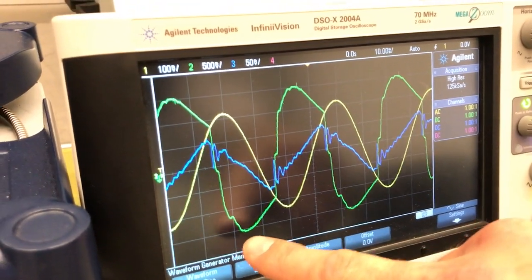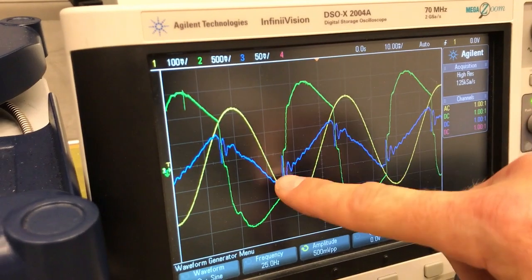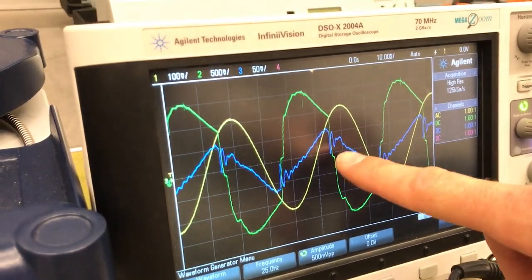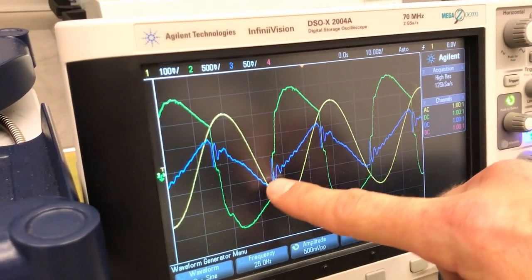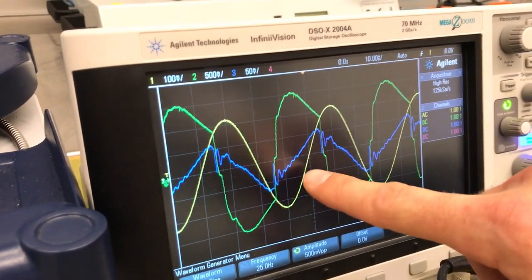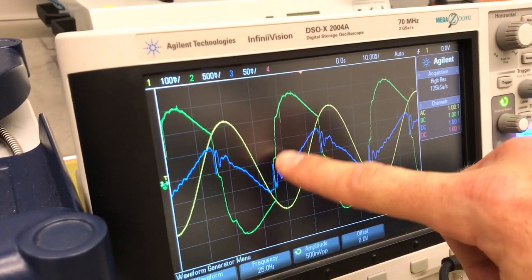You can see again that it's a little bit notchy, not particularly sinusoidal, and it corresponds to the acceleration signal from the accelerometer that's mounted to the rack.